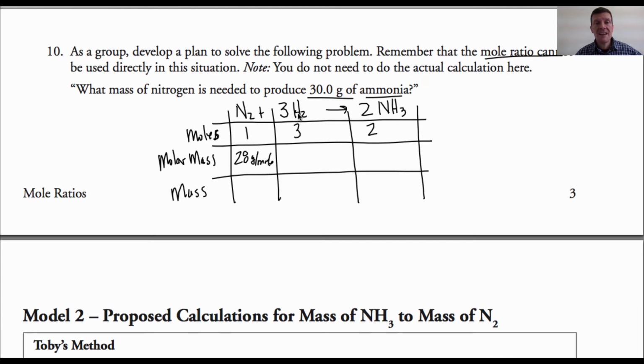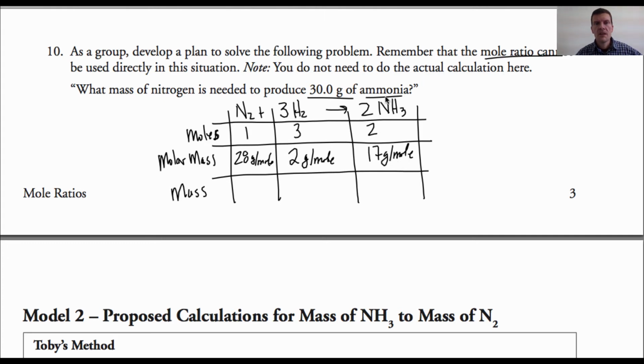Hydrogen has a molar mass of 1, but it's H2, so 2 grams per mole. Okay? NH3 has a molar mass, nitrogen and 3 hydrogens, that's 14 plus 3, that's 17 grams per mole.